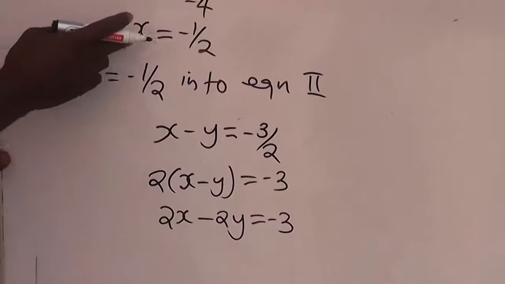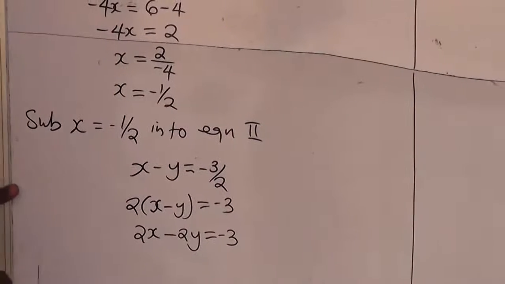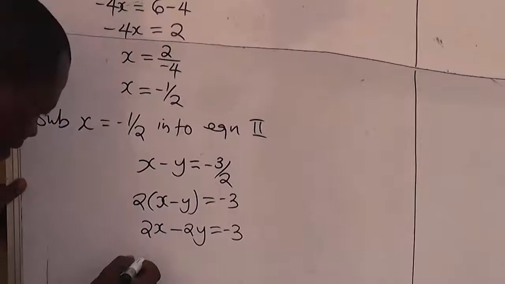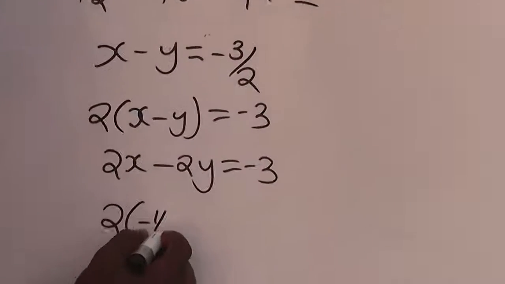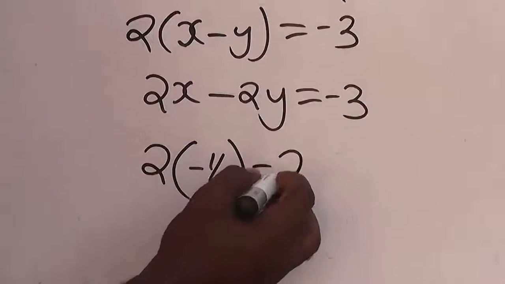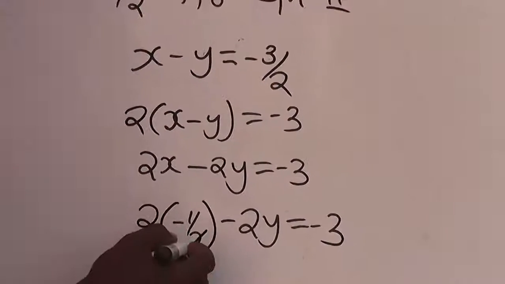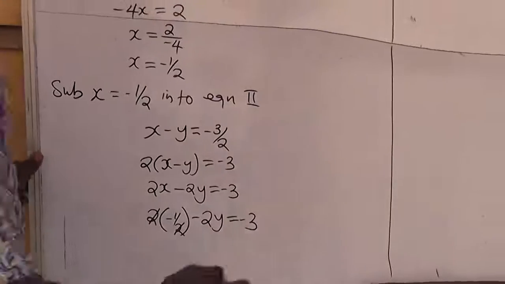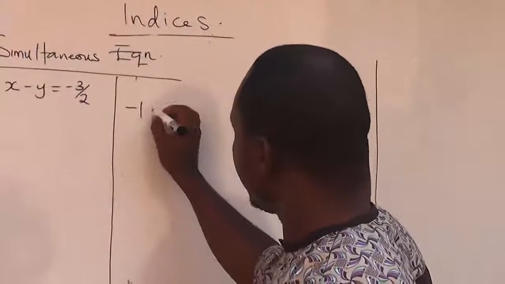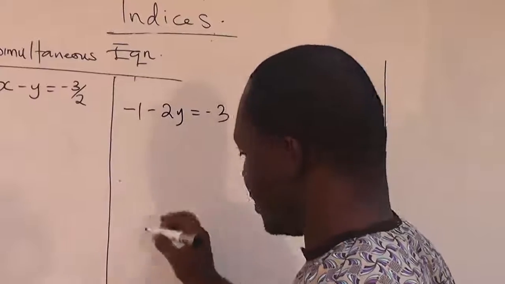Recall that the value of x now is minus 1 over 2. So if we slot in the value of x, we will have 2 into bracket minus 1 over 2, bracket close, minus 2y is equal to minus 3. So this 2 can cancel this 2. If that is done, you have minus 1 minus 2y is equal to minus 3.